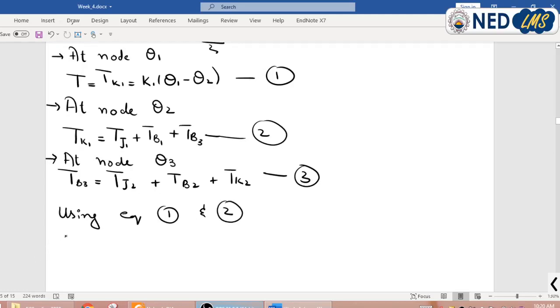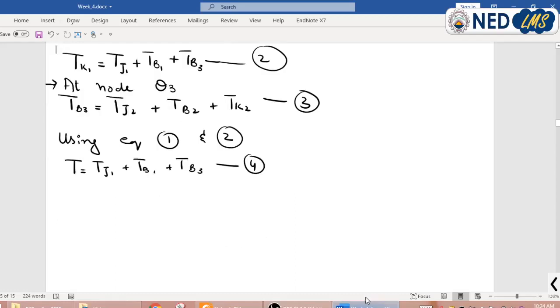I can write torque K1 is equal to torque of J1 plus torque of B1 plus torque of B3. This is my equation 4. So these are the equations, and now we can find the state variables.